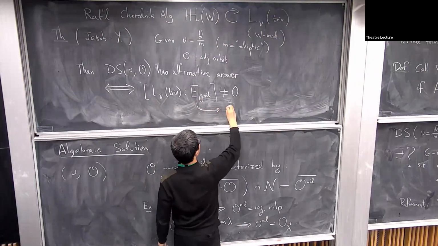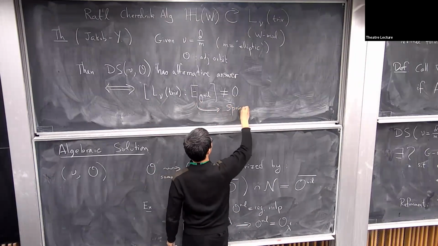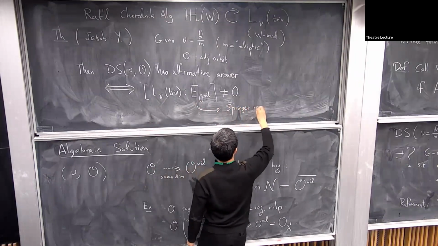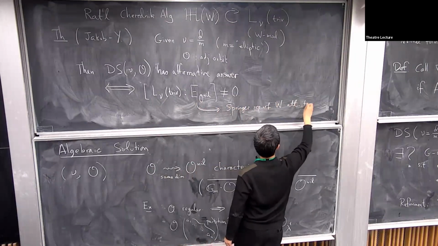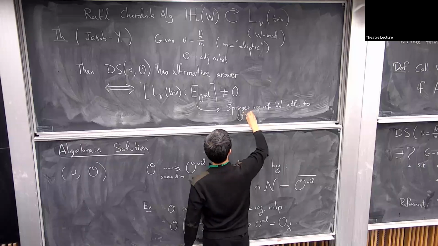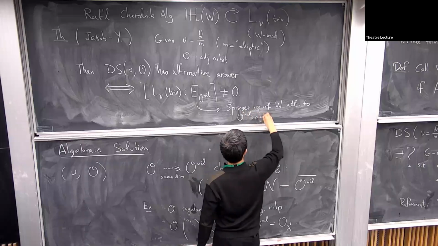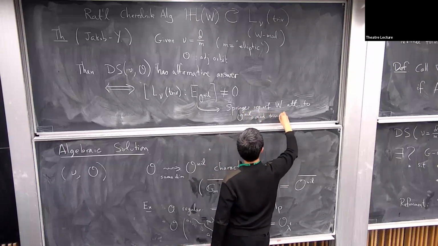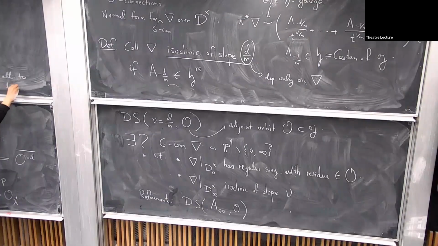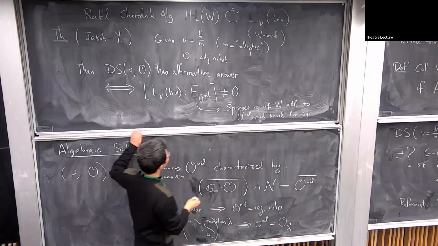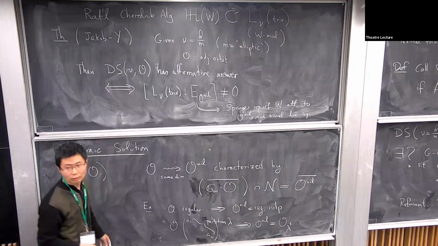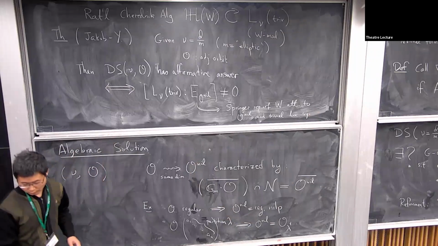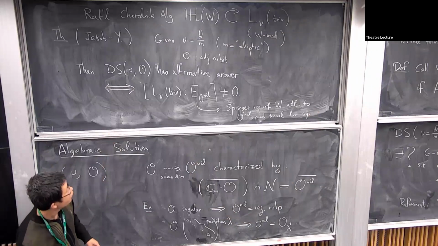This is the Springer representation of W attached to the nilpotent orbit O nil and the trivial local system. So that's the first theorem.